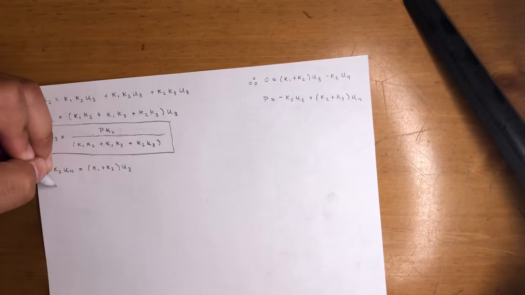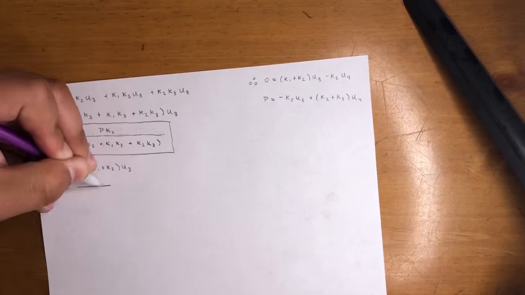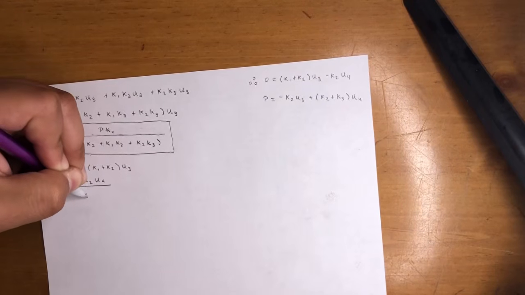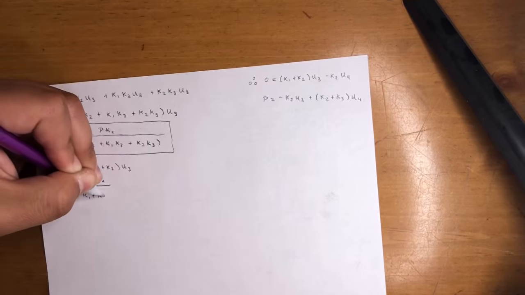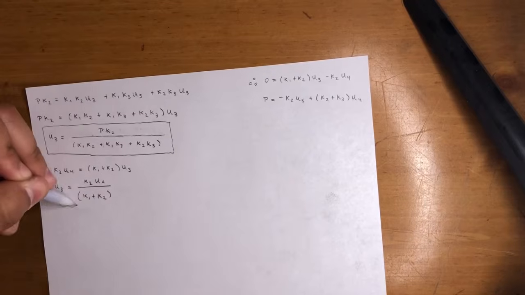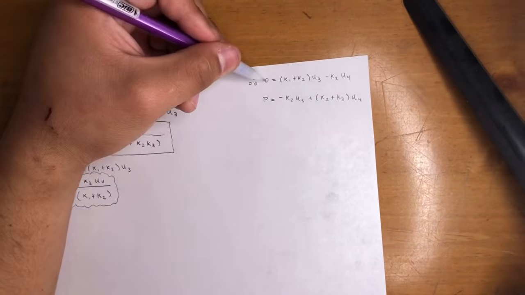That means U3 is equal to K2 U4 over K1 plus K2. So that's U3 for the first one.